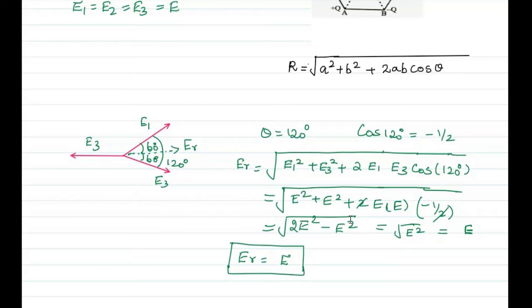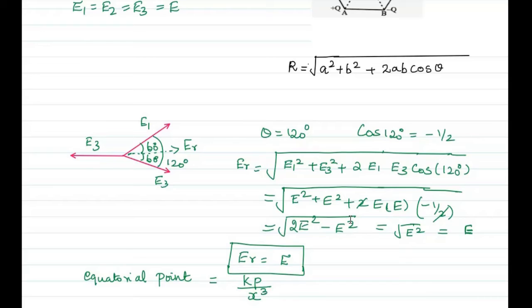So what is the electric field due to the dipole perpendicular to the plane, as they have asked? The formula for an equatorial point: the electric field due to the dipole at an equatorial point is equal to Kp by x cubed, where they have given the distance as x.